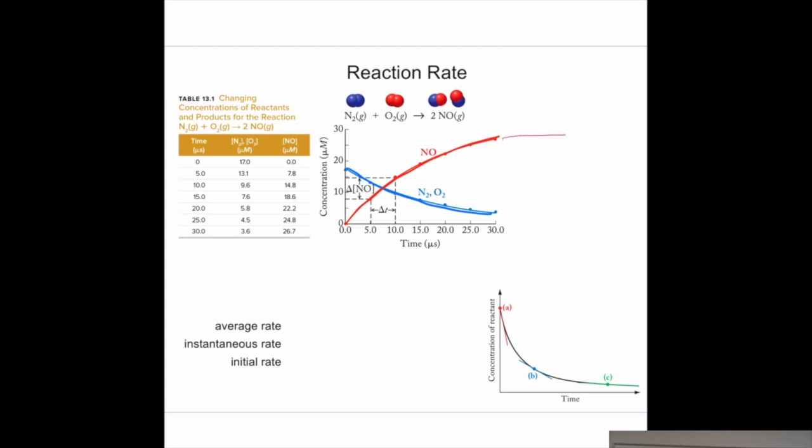Now, if I were to take this out further, notice that the reactants here, N2 and O2, don't go away. It doesn't go down to 0. You can kind of get that from this line. It's not going to go down to 0. But the change is now stable. No more change in concentration.